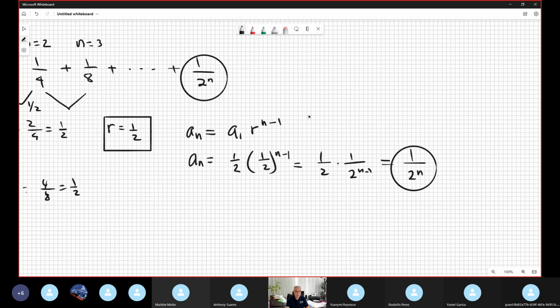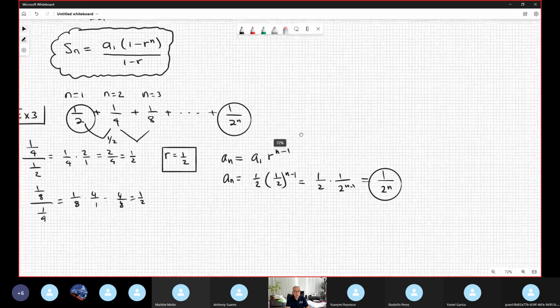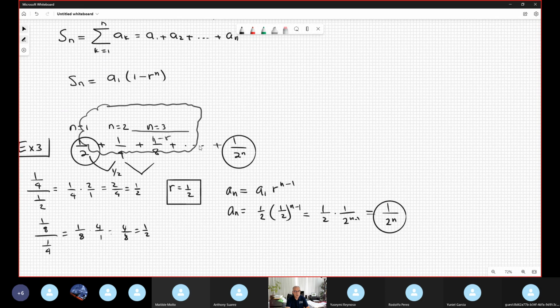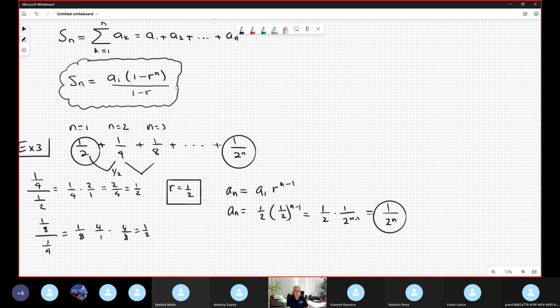So, what is the formula to add in this case? The formula is this formula, and we can apply it in this example.